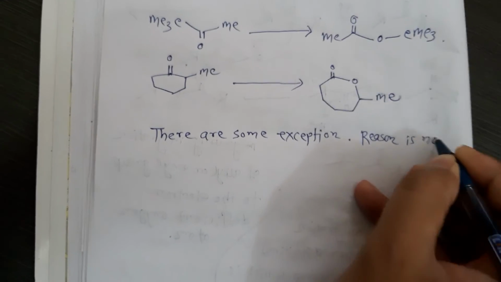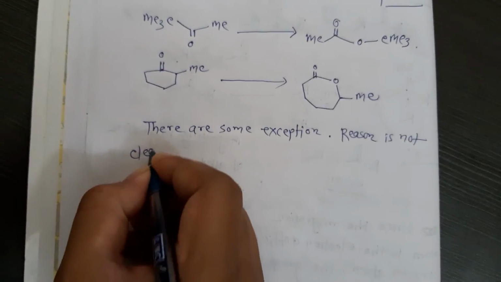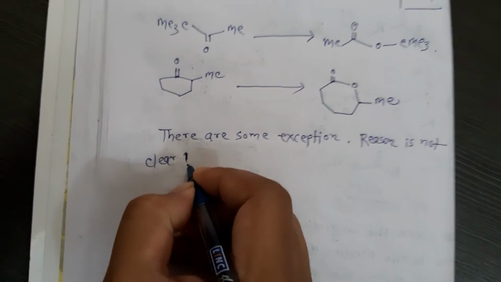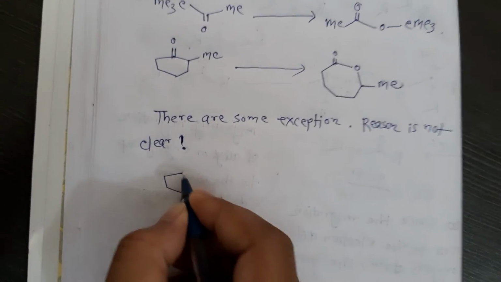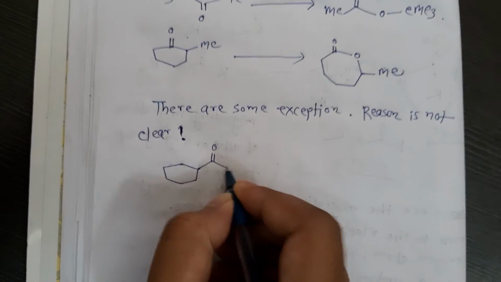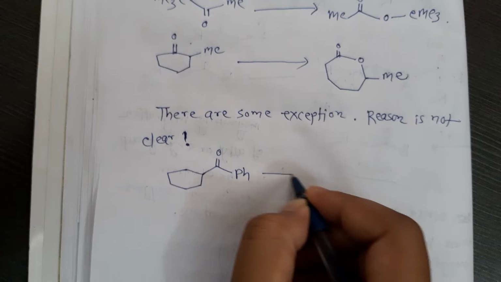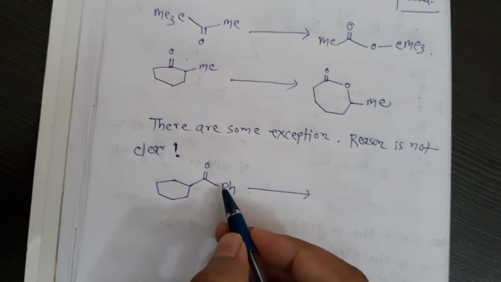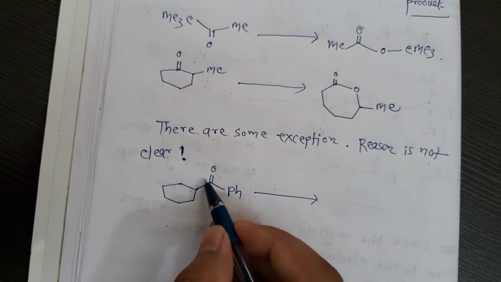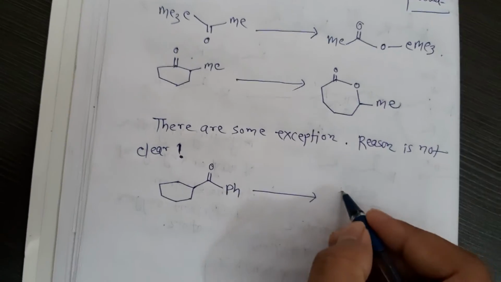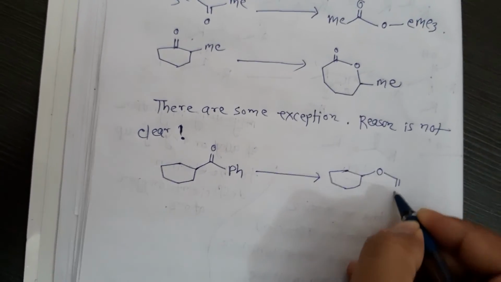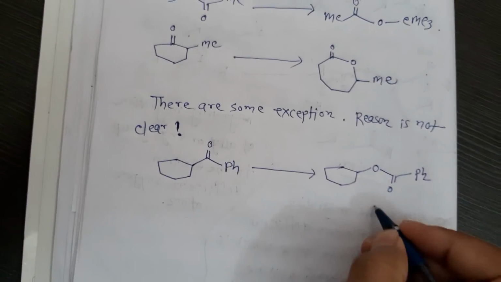Reason is not clear means, cyclohexyl group, this is Ph. It is expected that O comes in between this bond, but oxidation occurs that side. The reason is not clear. That is the product.